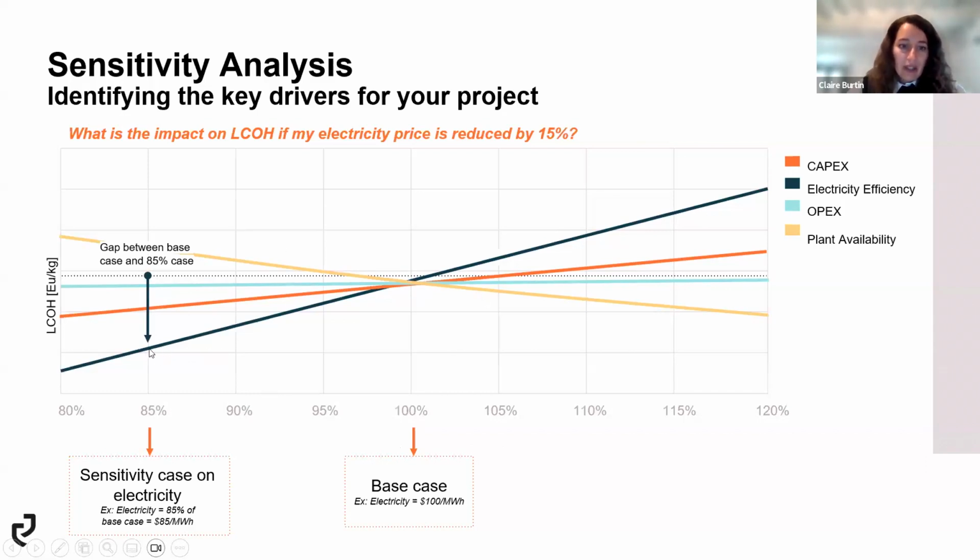And you can see here that by moving down by 15%, the electricity cost is driving down the LCOH much more than, for example, moving down by 15% your CapEx.